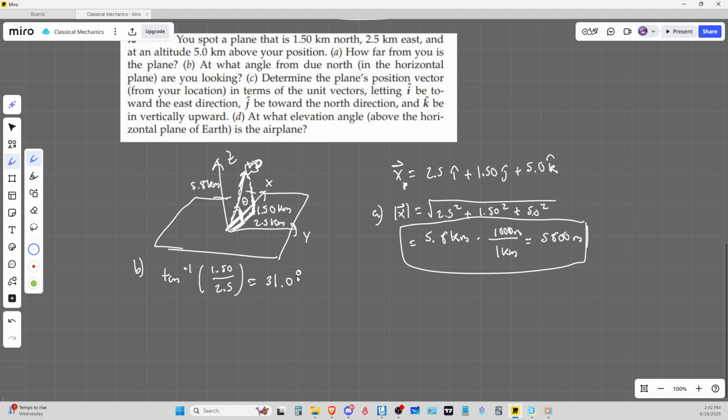Okay. So I think that's what we need for the horizontal. Determine the plane's position vector from your location in terms of unit vectors. Oh, okay. We already did that.